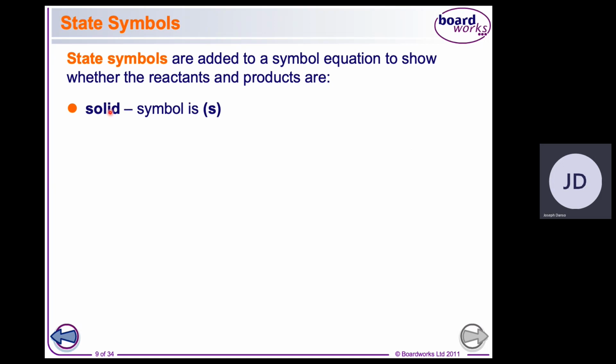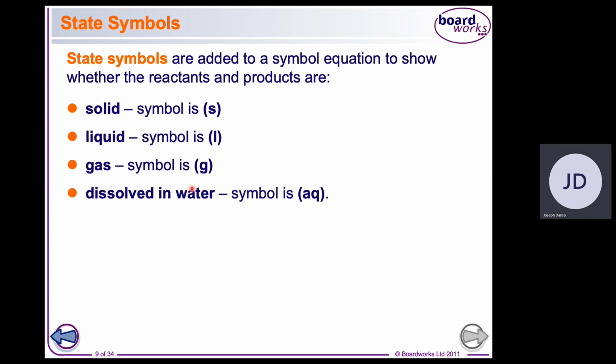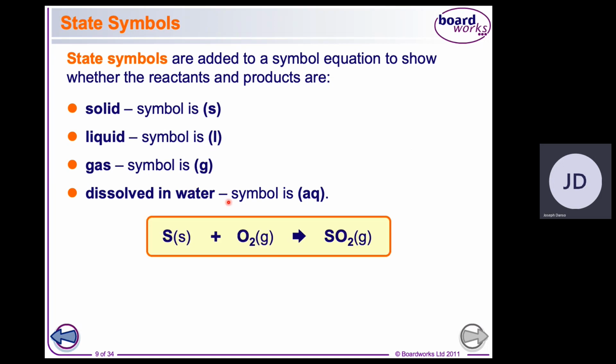If it is solid, we represent that by S in bracket. If it is liquid, that is indicated by L in bracket. If it's a gas, it is G in bracket. And if it is dissolved in water, it is AQ. So these are the four state symbols: S, L, G, AQ. AQ means that the compound is dissolved in water.